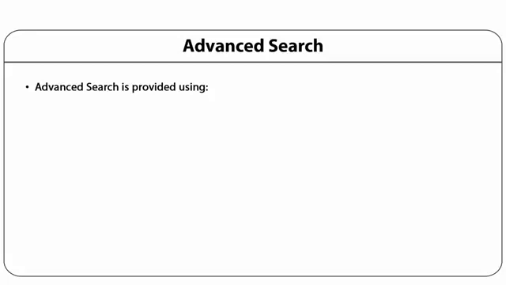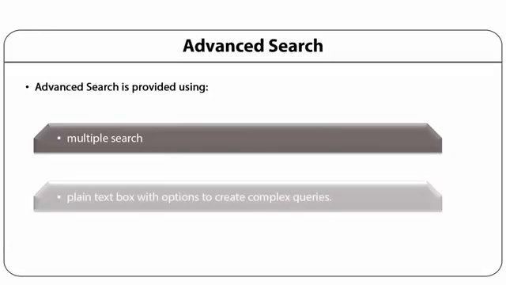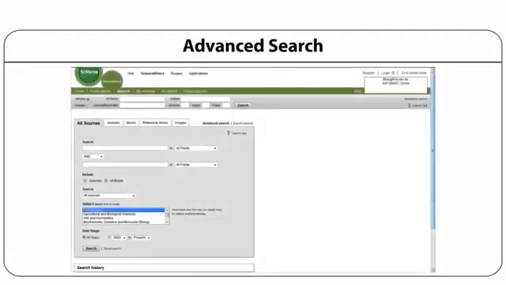Digital libraries provide this functionality either by using multiple search boxes to specify the search query or keyword in relation to specific fields like subject, creator, abstract, title, collection type, time period, geographic location, full text, and other fields, or a plain text box that allows a user to construct his or her search strategy using Boolean operators, proximity operators, parentheses, etc. The advanced search screen of ScienceDirect provides multiple search input boxes with the options to select the fields related to the search string and a selection option for Boolean operators between the fields.